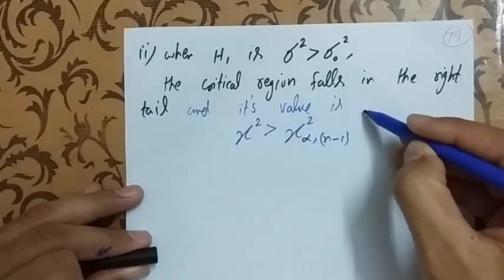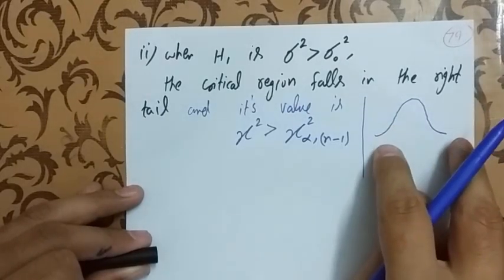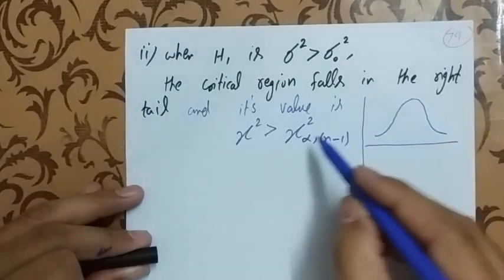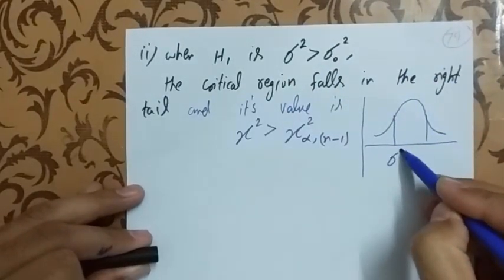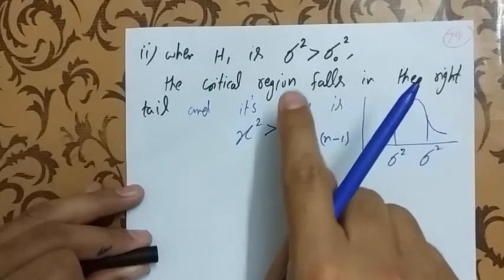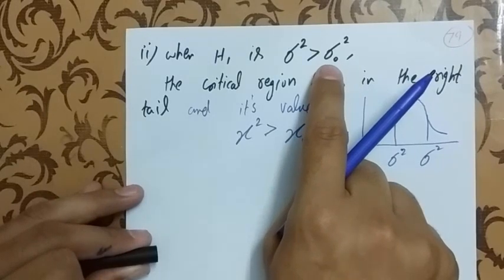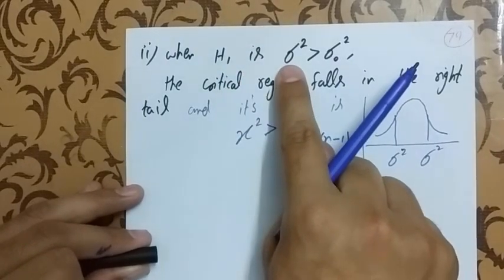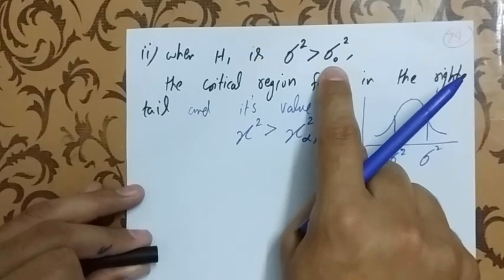When we explain the bell shape, which is the graph of the normal distribution, and the alternative hypothesis is sigma square greater than sigma naught square.